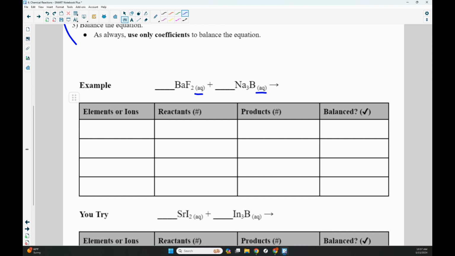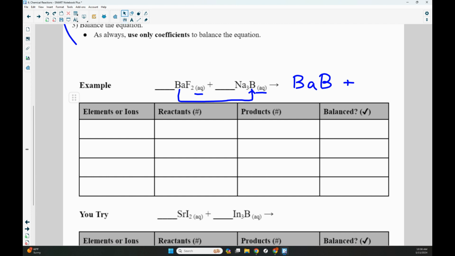So the way to make sure that you get the switch correctly is to think systematically here. In our recombinations, we're going to combine these outside ions, so we're going to have barium pairing up with boron.